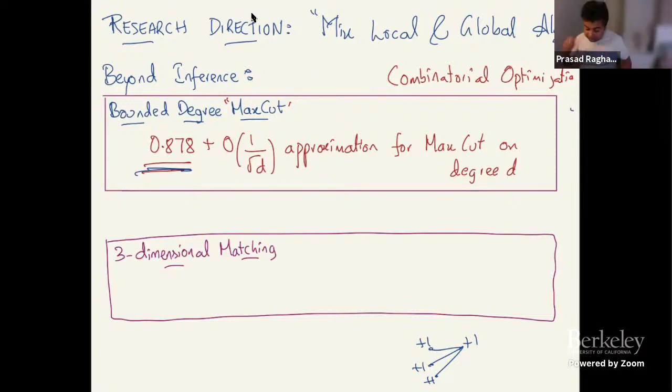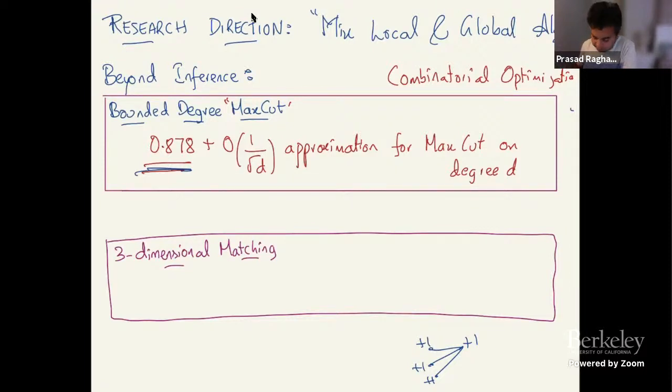I should say that there is work by Feige who gave an algorithm which is 0.878 plus 1 over d to the 4 for this problem. But order 1 over root d is the reasonable answer here, because you can prove a hardness of order 1 over root d on degree d graphs by sampling. But in general, it comes down to this issue of how do you mix local and global. And there are some other problems where global algorithms haven't made a dent at all yet.